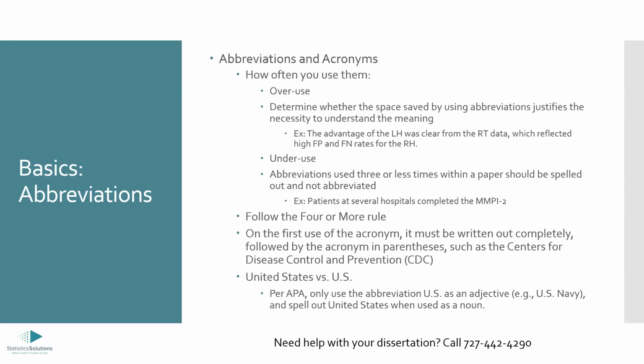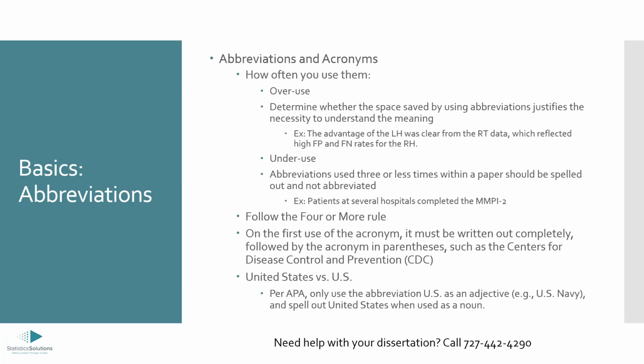If you're going to use the CDC more than 3 times in a paper, then you should spell it out once completely, followed by the acronym in parentheses. That way you tell your reader exactly what that acronym means, and that you will be using that acronym.